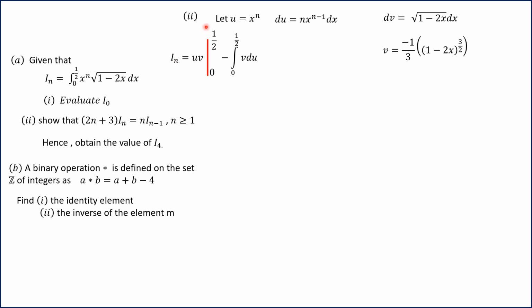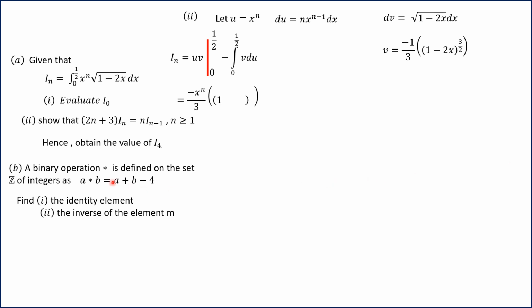And remember, we have to include the limits. The integral of u dv is just the entire integral that we are starting with, which in this case is In, and it's equal to what? uv. So we have u and we have our v, and we put the limits as well.